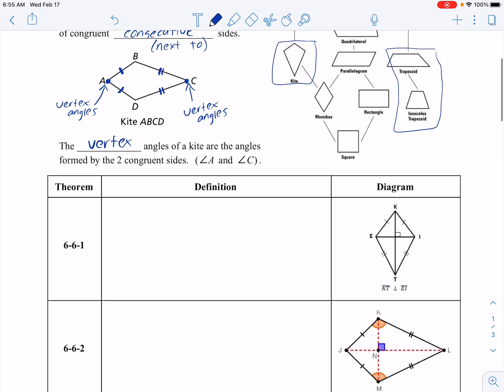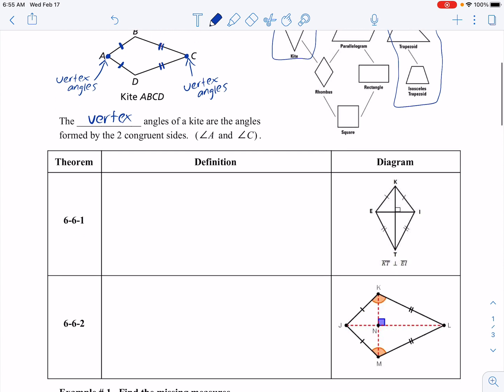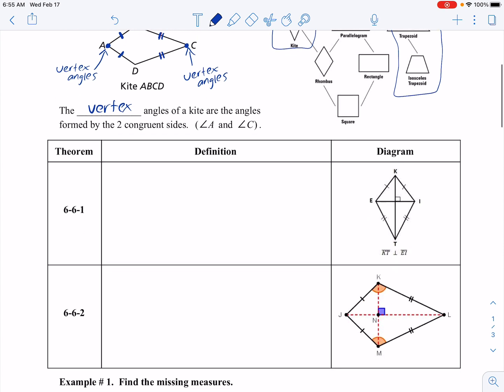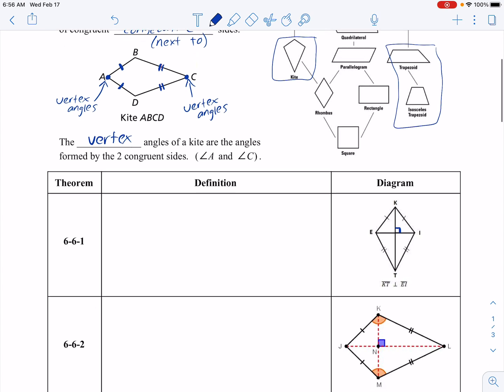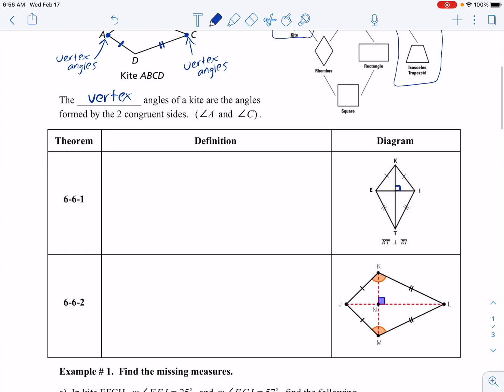All right, two theorems we're going to list here. This first one involves the diagonals. Hopefully you can see, just like a rhombus, and that's why these two are connected, kite and rhombus, the diagonals are perpendicular.